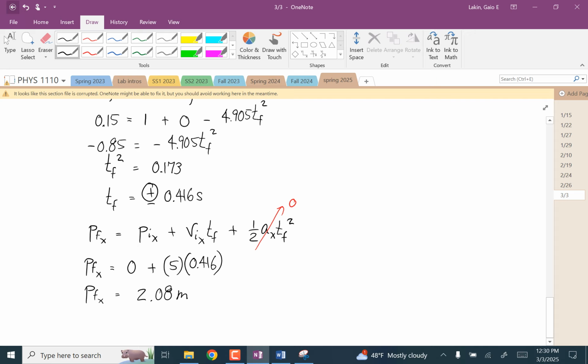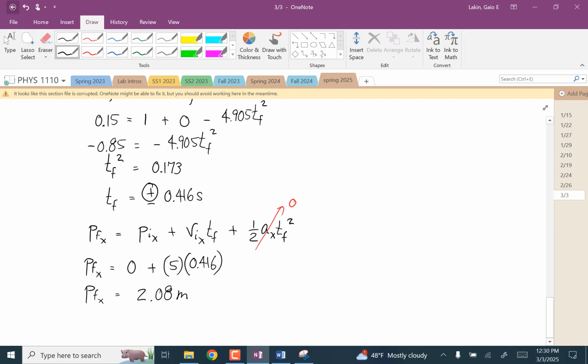So if you put tape on the floor exactly 2.08 meters, 208 centimeters away from the cup, and you're going exactly that speed, you drop it exactly at that height, it'll land right in that cup. Any questions about that?